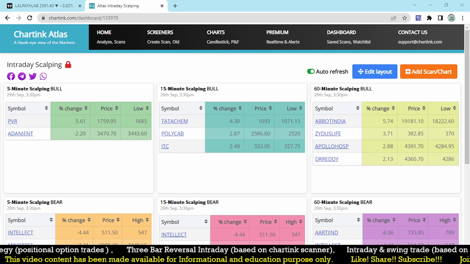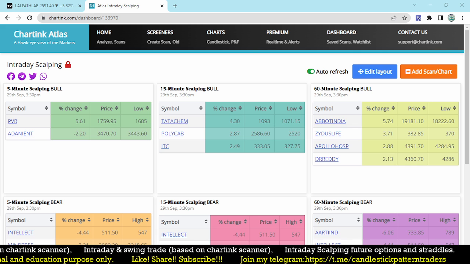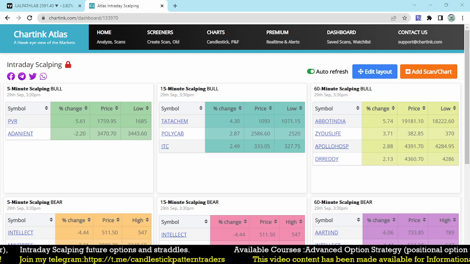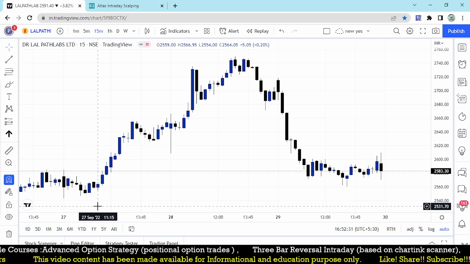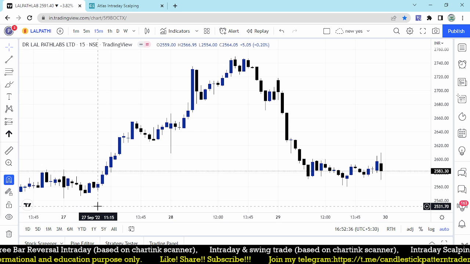Already we discussed the 5 minutes scalping scan, and how to do the trade based on it. The condition I used on that 5 minute scalping scanner is simply three consecutive bullish candles present after the market open.